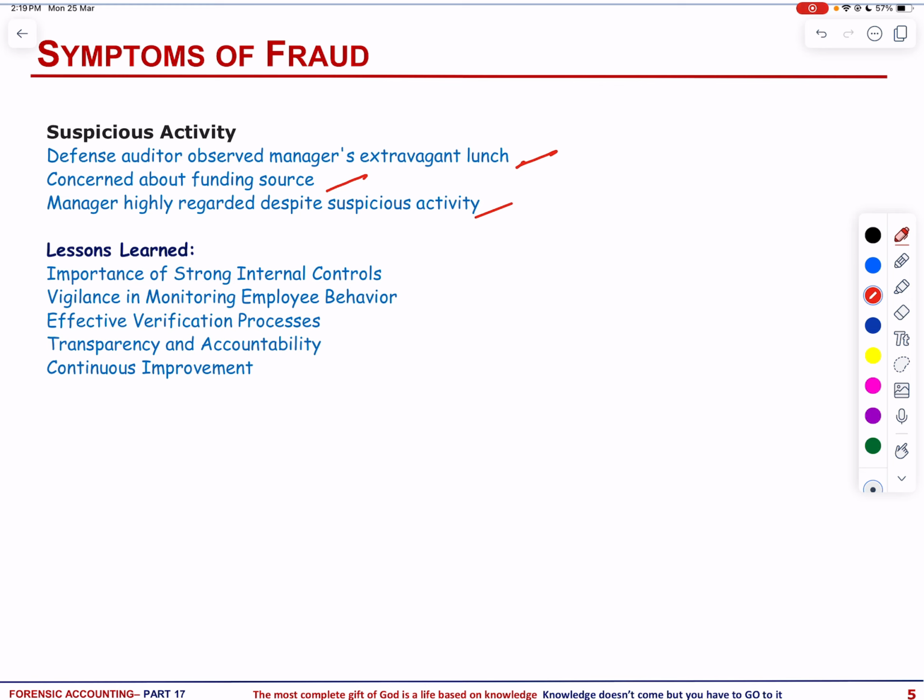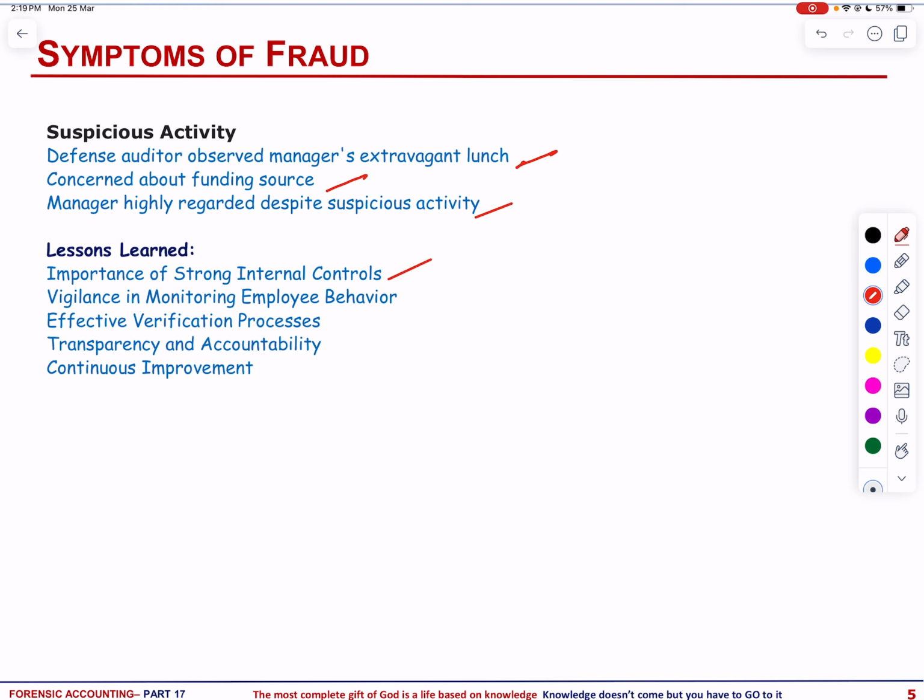So the lessons learned are that despite management's belief in their control system, weaknesses allow fraud to occur. Regular audits and oversight are crucial to detect and prevent fraudulent activities.